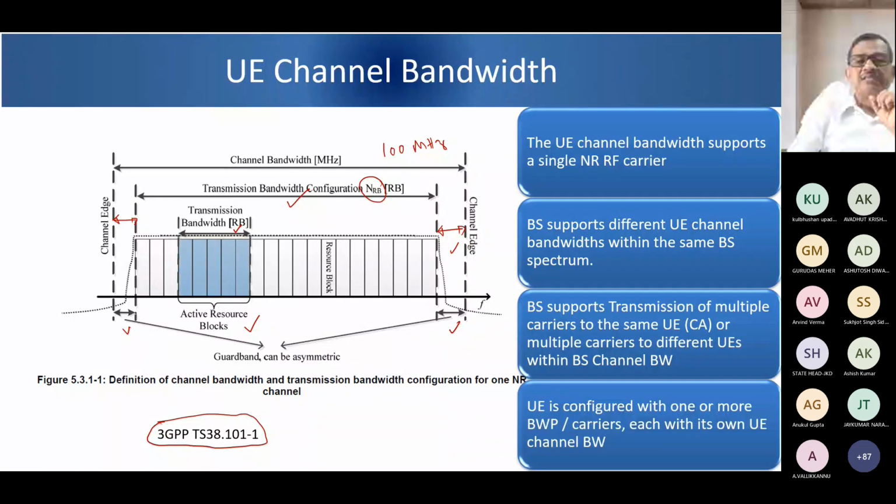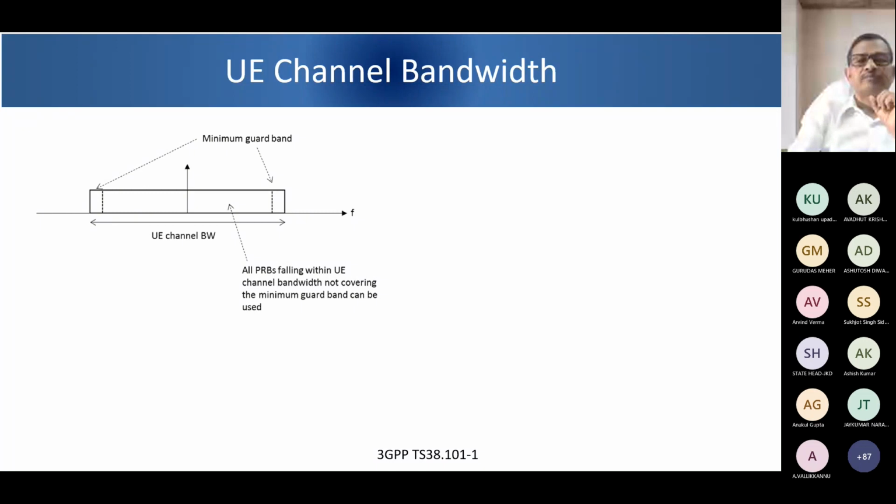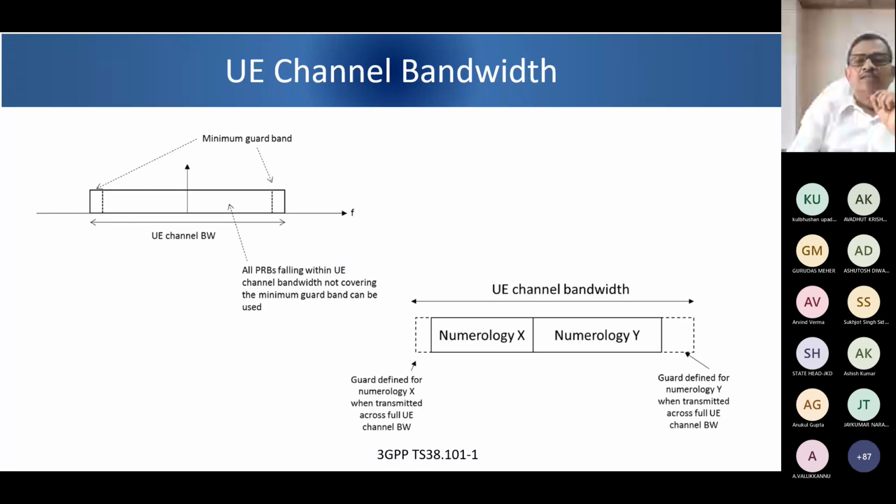Let's go to the next slide. First of all, let me explain this. Suppose I have this much channel bandwidth from here to here, and suppose I use one numerology X here.